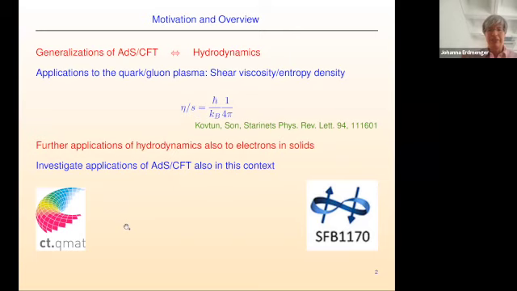And it's very interesting to note that our AdS/CFT projects are also funded within this program. Similarly, the SFB 1170 is a Würzburg research initiative in condensed matter physics that is also funded. There's a big research collaboration here locally in Würzburg on similar topics. And we are very proud that we, the AdS/CFT physicists, are funded within this initiative as well.